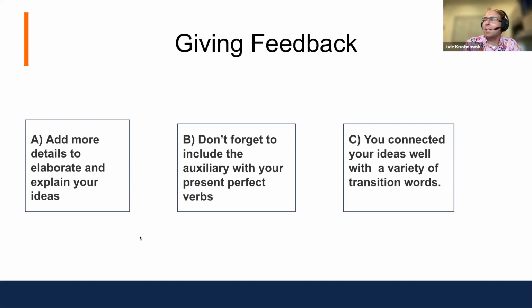Oof. C isn't bad. Examples would help. You connect your ideas well with a variety of transition words. A is too vague. Add more details. Right, add examples, A and C.